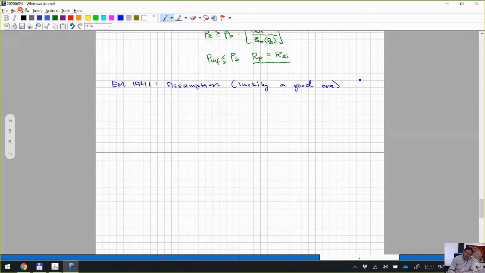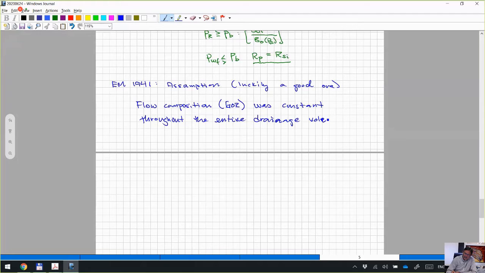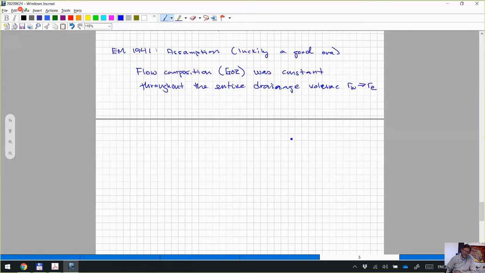Okay, is that basically the flowing composition, or the flowing gas oil ratio, was constant throughout the entire reservoir, the entire drainage volume from RW out to RE.